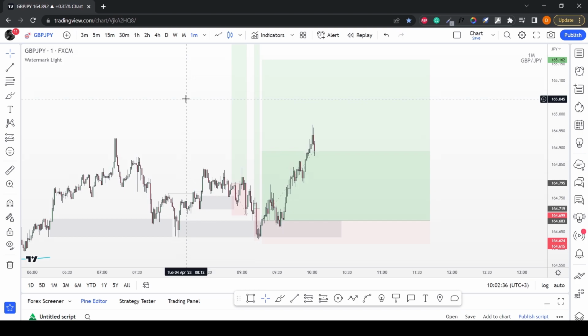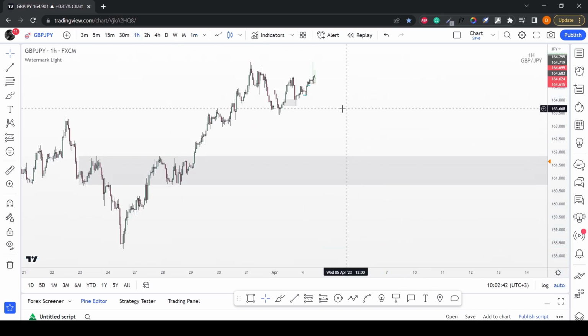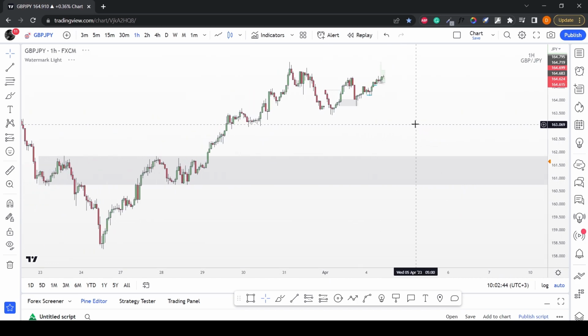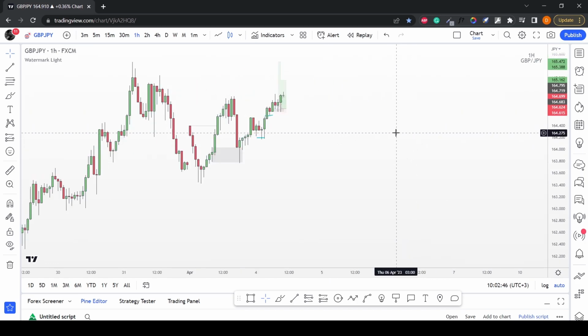And my targets are not just from my head, they are based on structure, they are based on overall context, and they are based on my experience. And not just experience like something abstract, my back testing and my live trading.